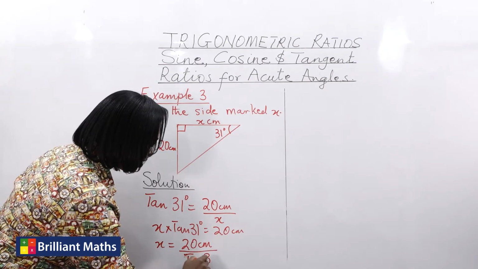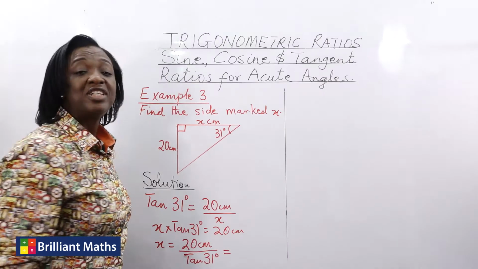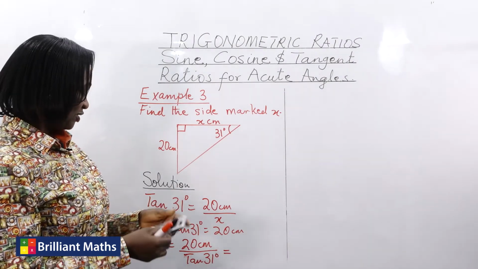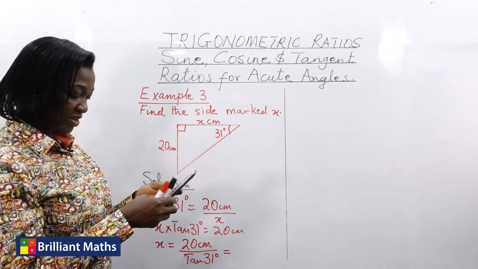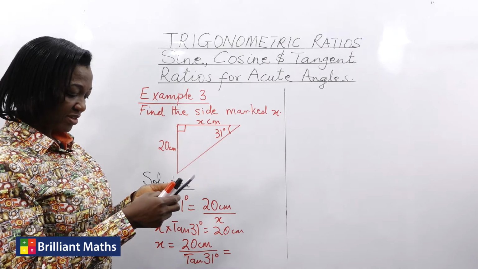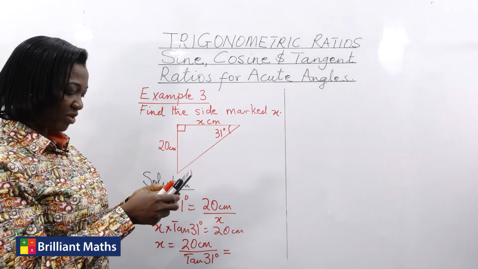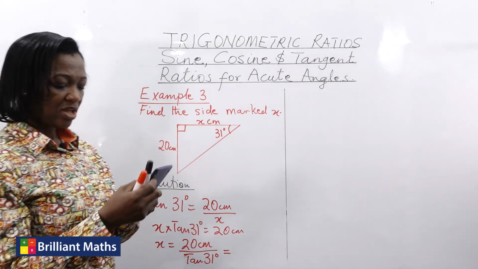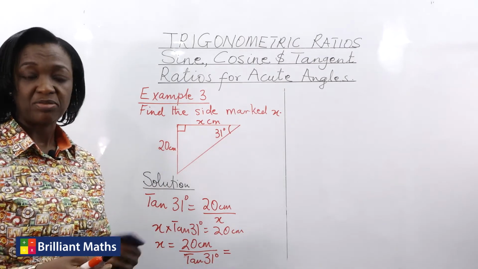tan 31 degrees, which is equal to, so we take out our calculators. So we have 20 divided by tan 31 degrees. And what does that give us? That gives us 33.29 centimeters.